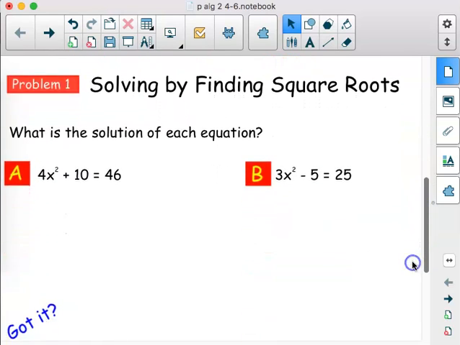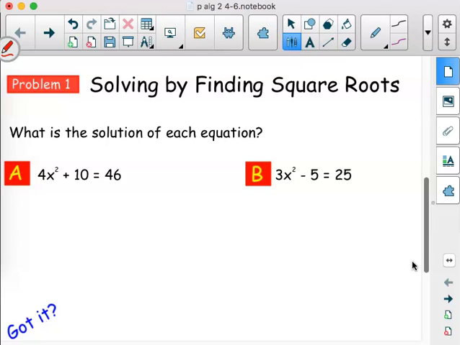So now, why do we want these perfect square things anyway? Well, like this says, sometimes we can just do solving by finding square roots. And it asks us, what is the solution of each equation? So when I look at these, the first question I'd have is, why aren't I factoring these? Shouldn't we be factoring?